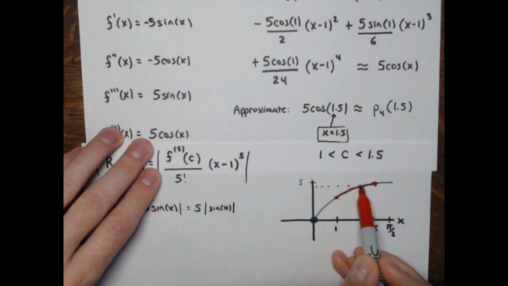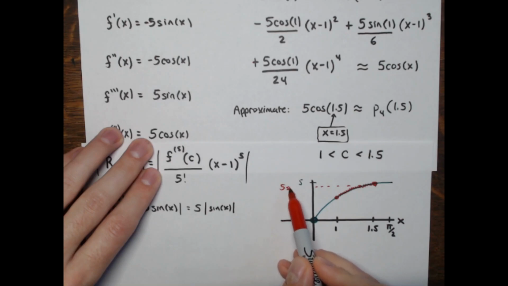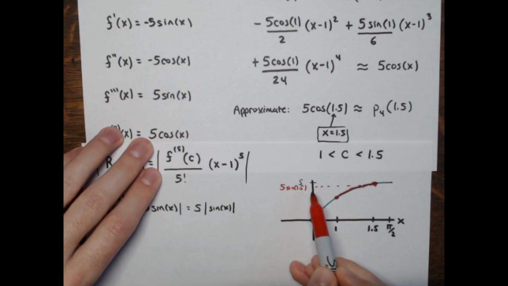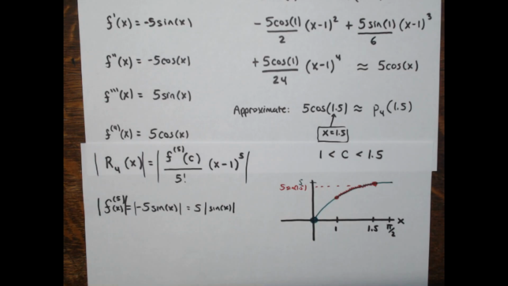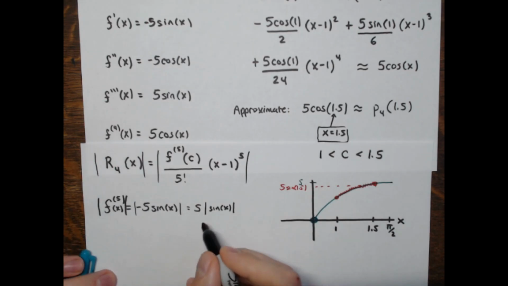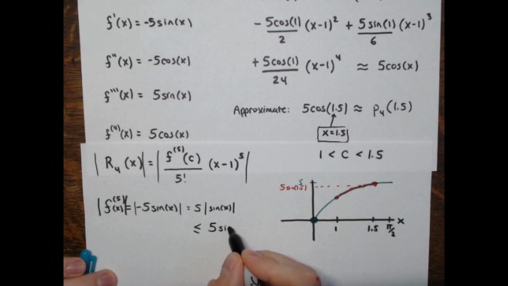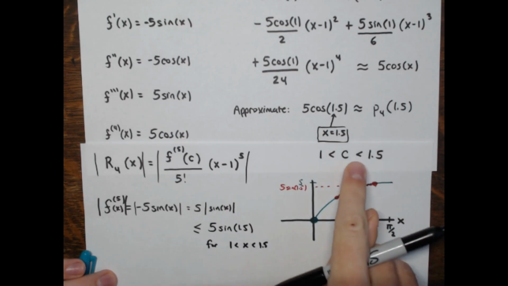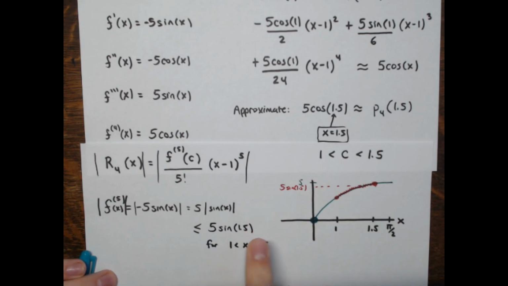And the highest value in this region is 5 times the sine of 1.5. So that's our bound. This is going to be less than or equal to 5 times the sine of 1.5 for values of x between 1 and 1.5, which this value c is between.